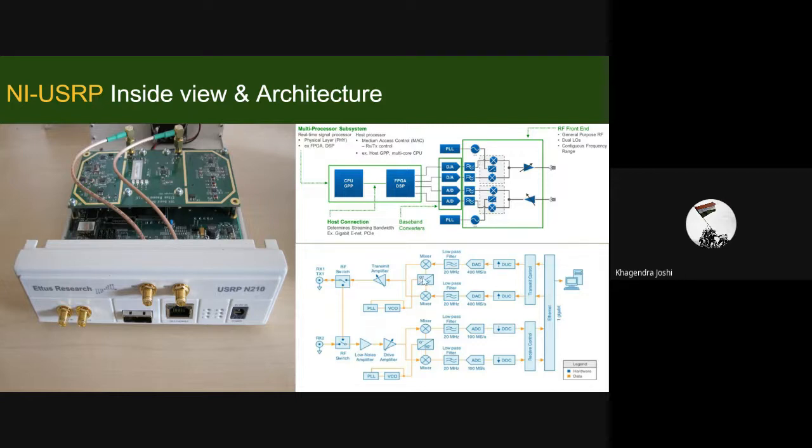This filter decides the bandwidth of the USRP, right? For example, a 20 megahertz USRP bandwidth, because different USRPs are available with more bandwidth, so accordingly you have to decide on a particular USRP as per your application.